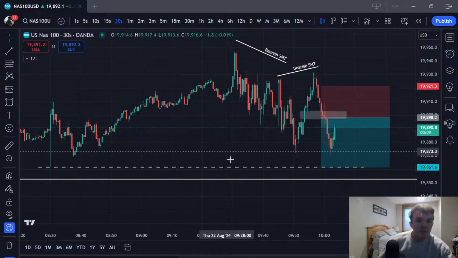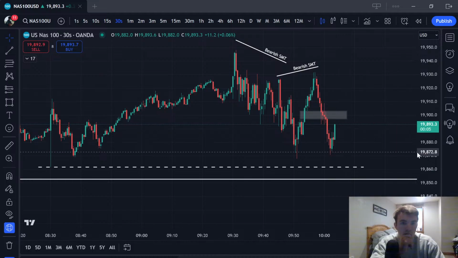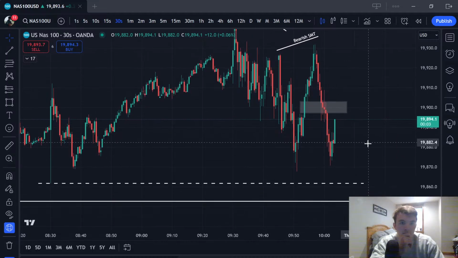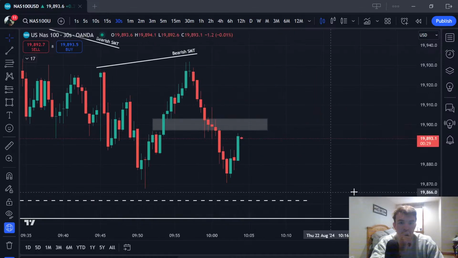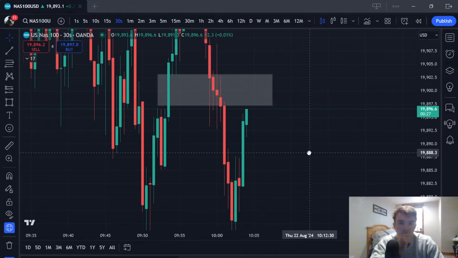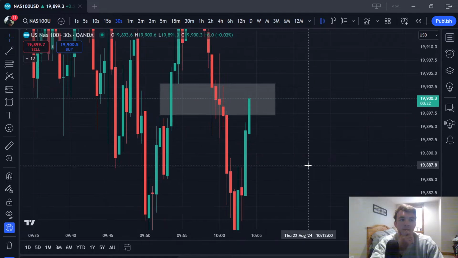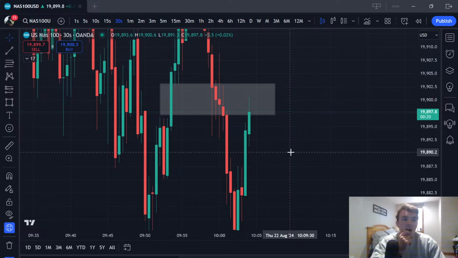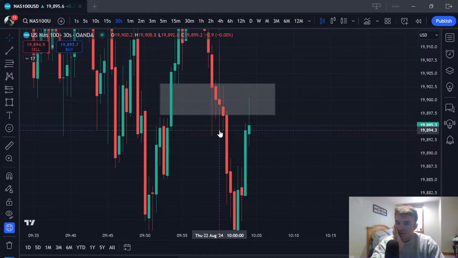Okay, now we're kind of getting an inverse fair value gap. Okay, that's good. That's a good setup. I'm not taking it, but that's a good setup.